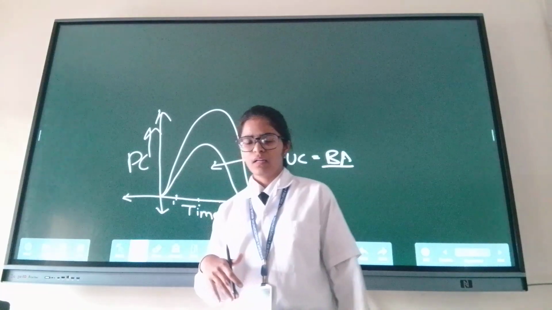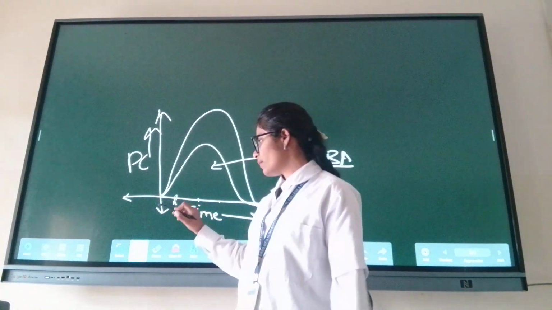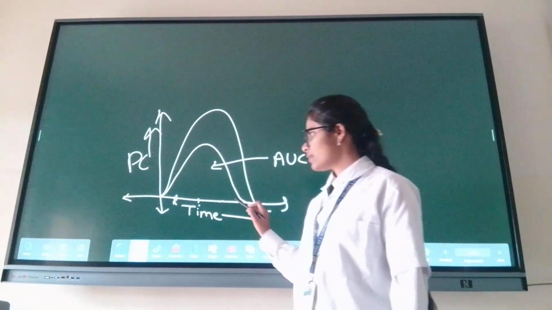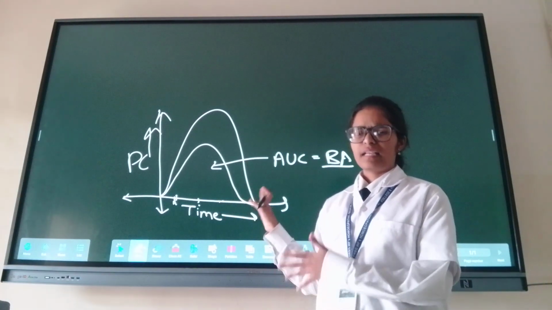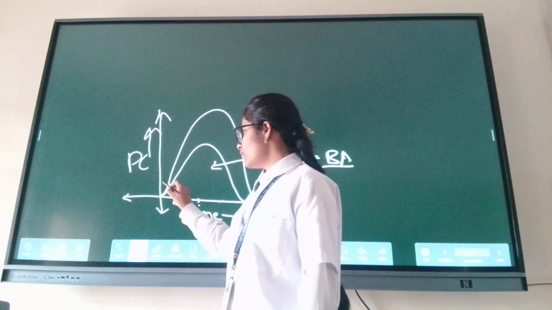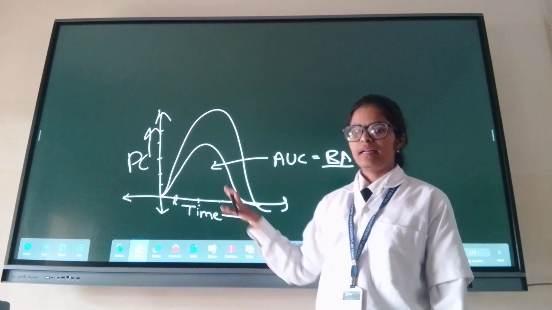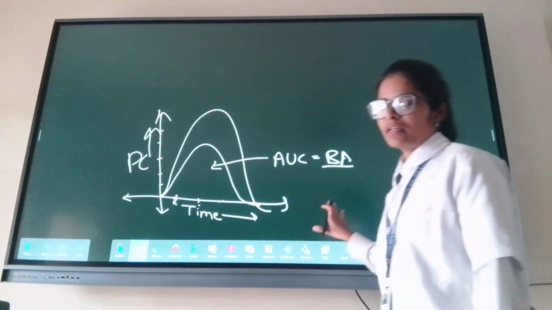Now we take the drug and we take blood every hour: 1 hour, 6 hours, 7 hours. The experiments are done on animals, but to understand this, we take the plasma concentration of blood and measure it. Then the graph is plotted like this.